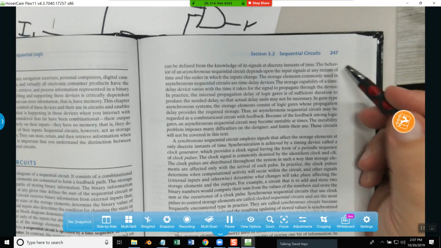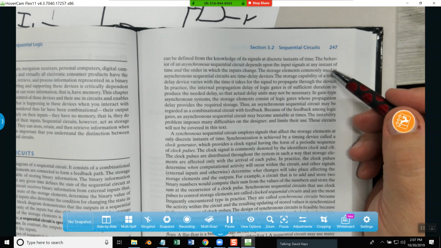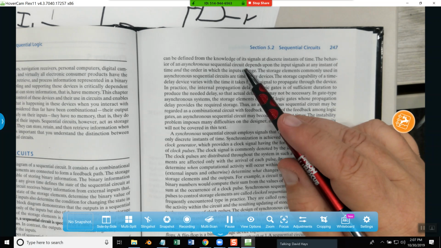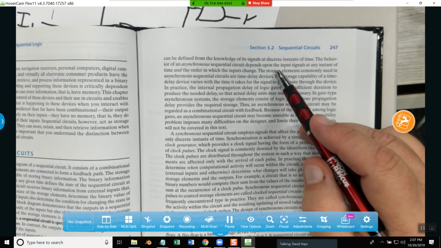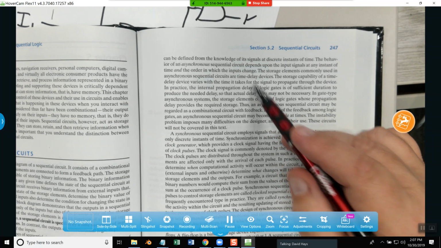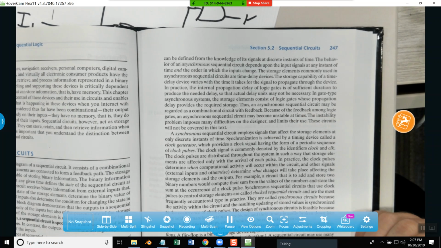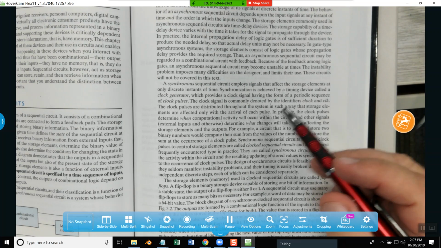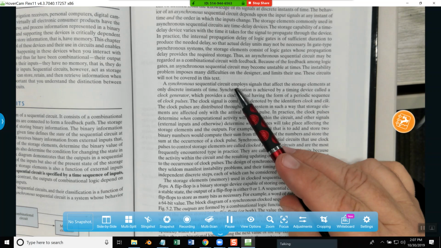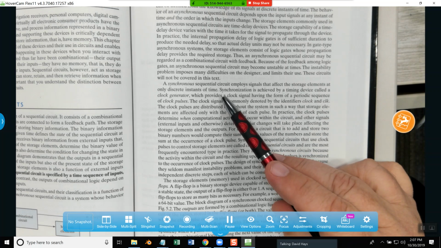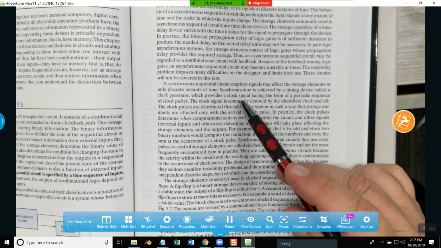The behavior of an asynchronous sequential circuit depends upon the input signals at any instant of time and the order in which the inputs change. A synchronous sequential circuit employs signals that affect the storage elements at only discrete instants of time. Synchronization is achieved by a timing device called a clock generator.